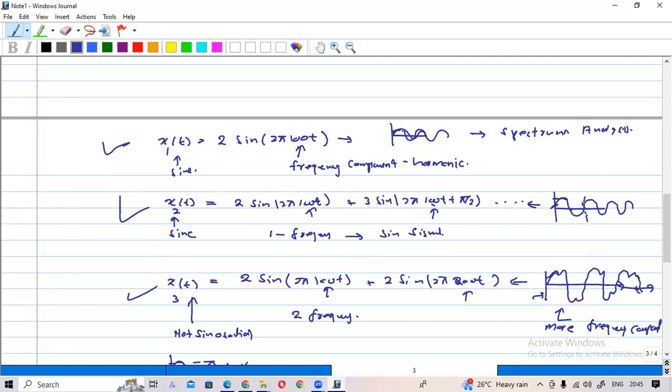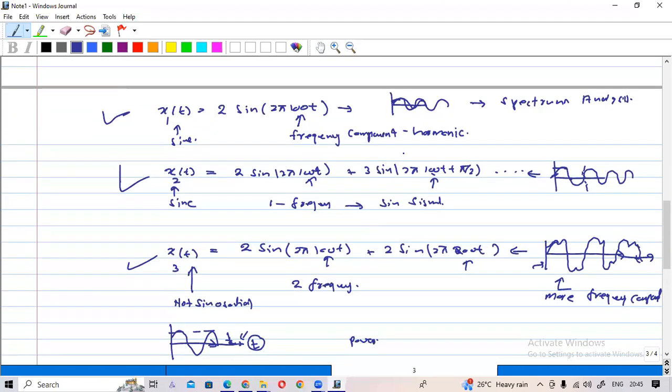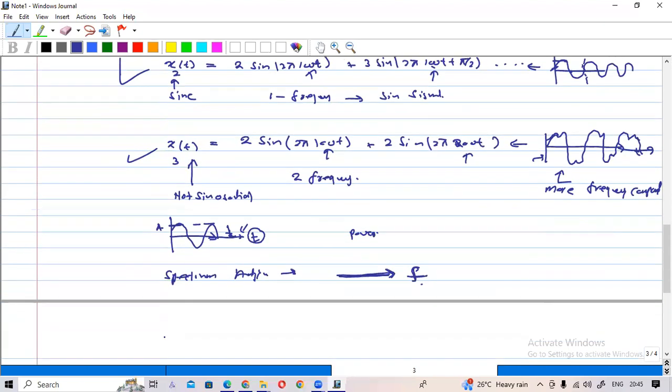If you send this kind of sinusoidal signal, let's say this peak value is A. The power of this sinusoidal signal, I will tell you later how it comes, is A square by 2.